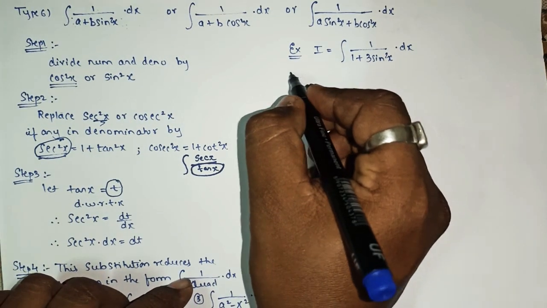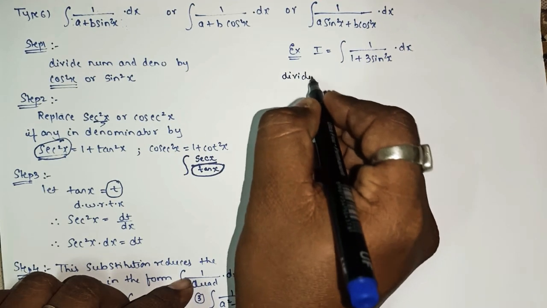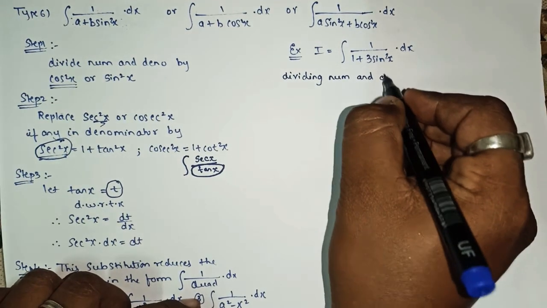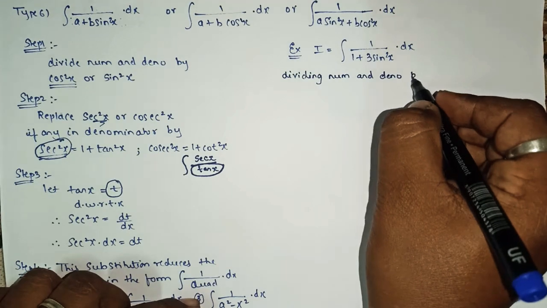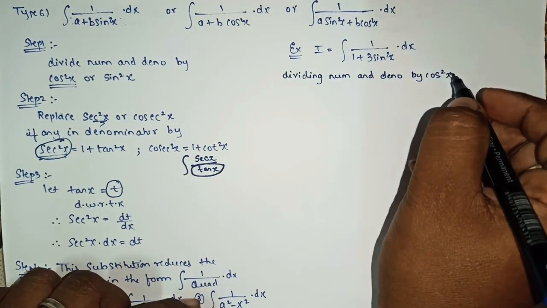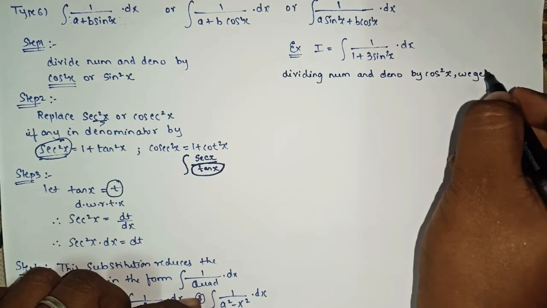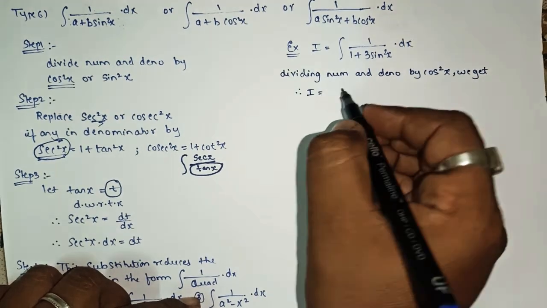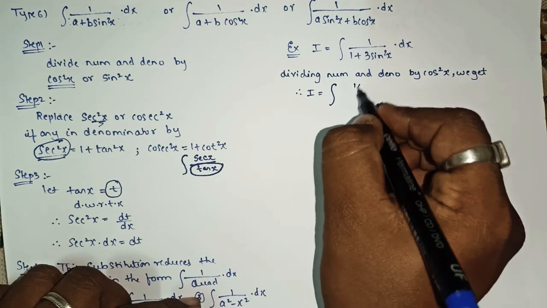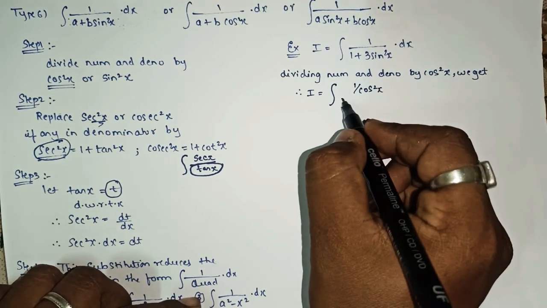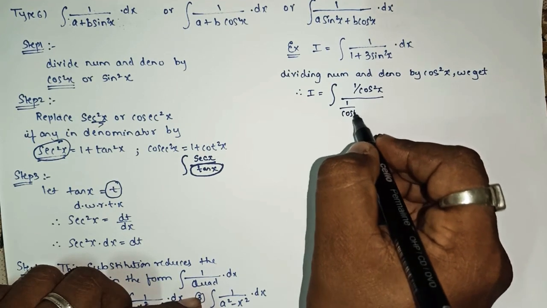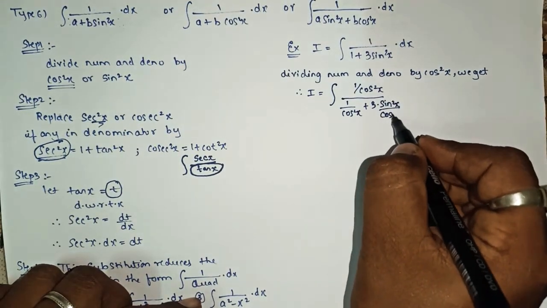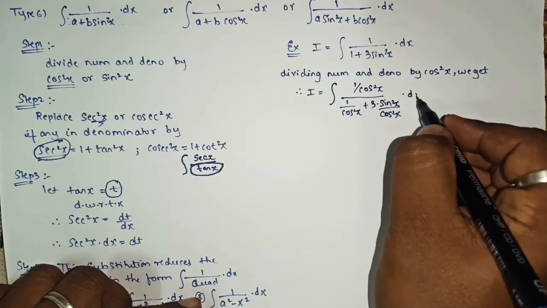So here we'll write, dividing numerator and denominator by cos square x, we get I equals 1 upon cos square x, upon 1 upon cos square x plus 3 sine square x upon cos square x into dx.